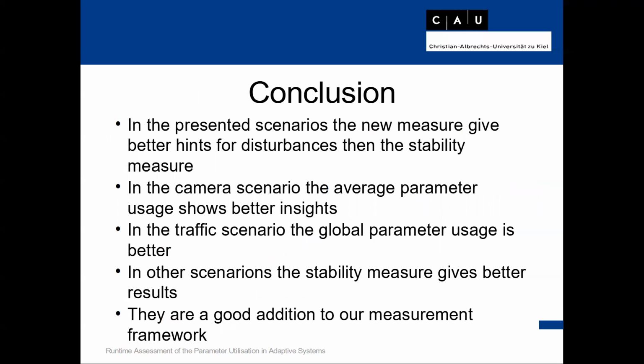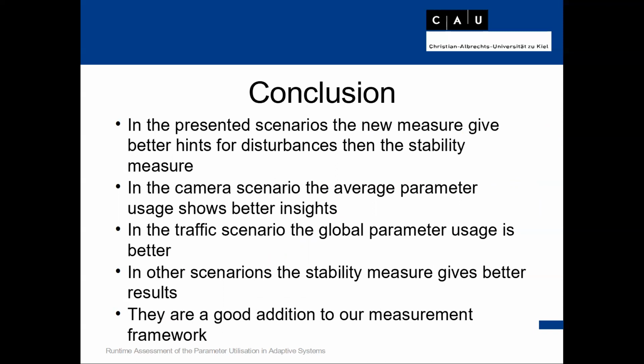So the conclusion of this paper, the presented scenarios: the new measures give better hints for disturbances than the stability measure. In the camera scenario, the average parameter usage shows better insights. In the traffic scenario, the global parameter usage is better.